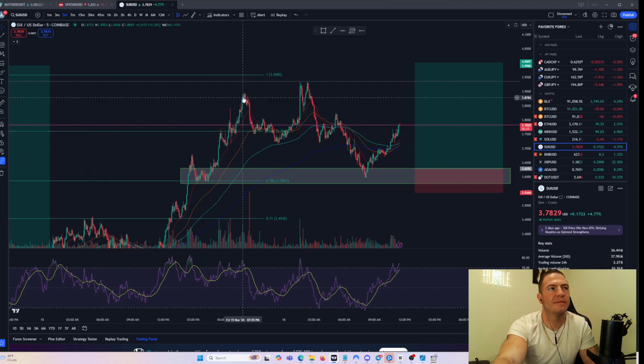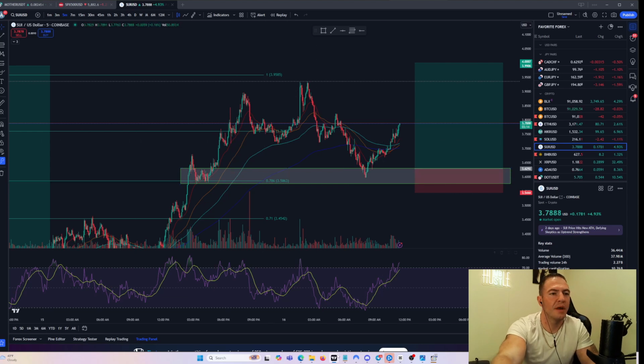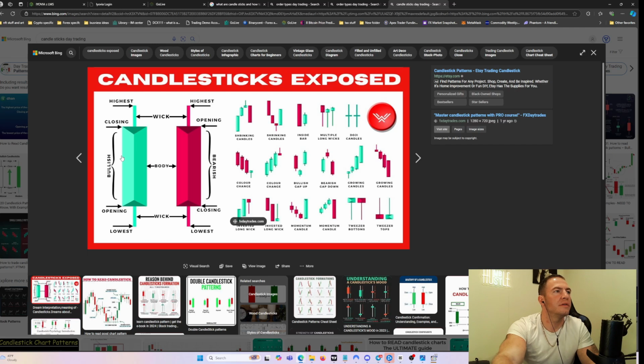Whenever we have green candles, it means the buyers are moving forward, right? The red candles obviously represent the sellers, and they're coming in. And what I was going to say is every candle, bullish or bearish, has a body, a wick, and you've got the highest point, and the closing of the body is right here.